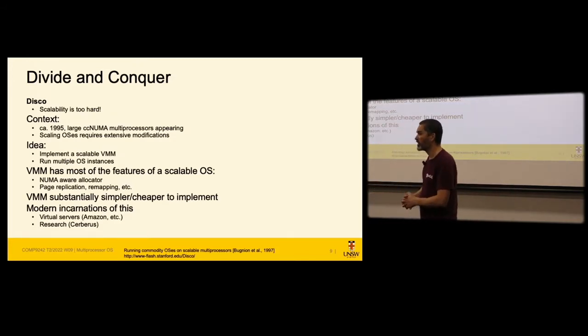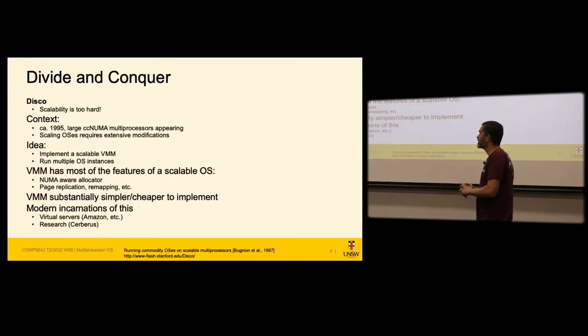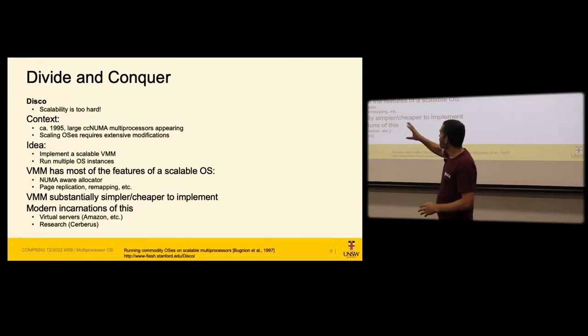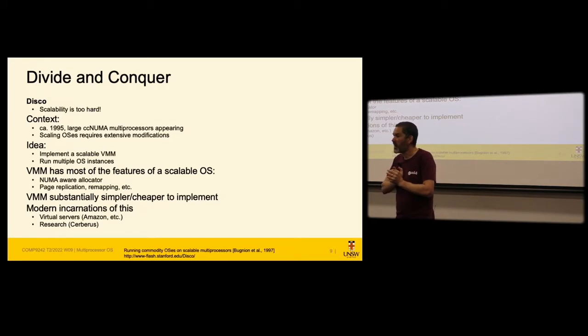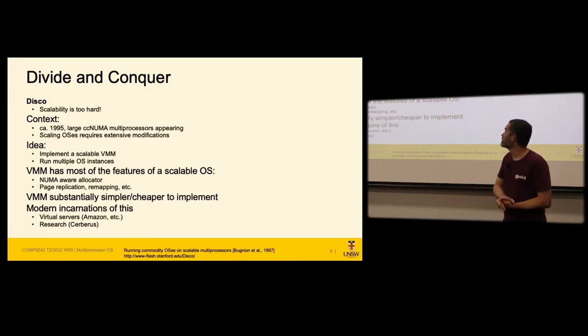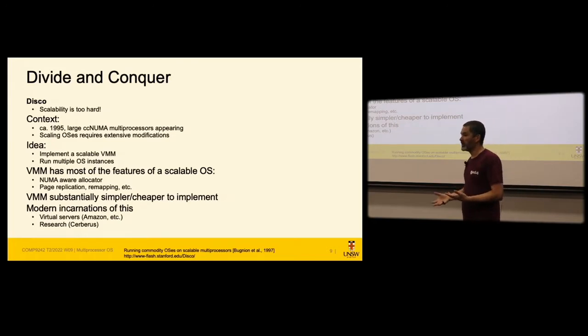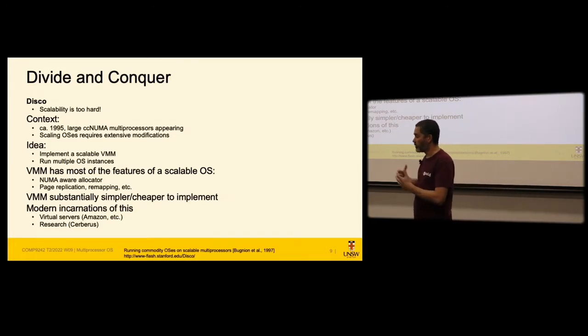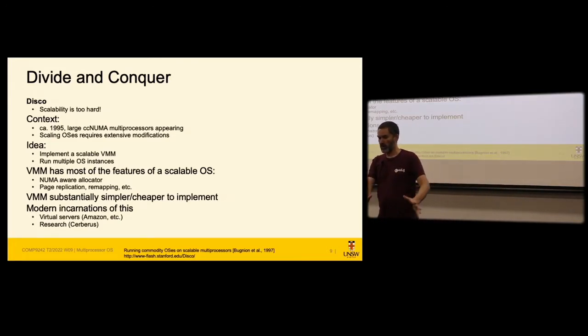Right? It's too hard to write a scalable operating system, so let's not write a scalable operating system. And the context was around 1995. Large CC-NUMA, so that means cache-coherent NUMA machines, were starting to appear. And people were having to go from their nice uniprocessor machines to these large CC-NUMA machines and write operating system software for them.